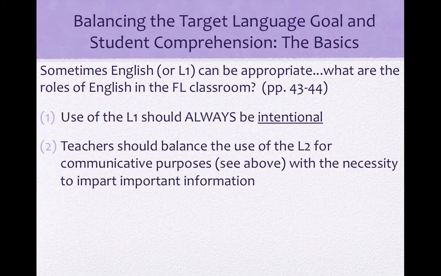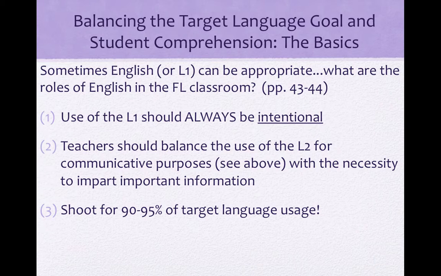So those things like let's all sit down or let's all stand up, let's all line up for lunch. If you're using a lot of gestures and visuals and signs and signals, things like that, with the necessity to impart important information. So for example, if we're needing to practice a fire drill, that's not going to be something you want to do in the L2, obviously. Or if you're explaining something about maybe a field trip or something like that, not something you want to do in the L2.